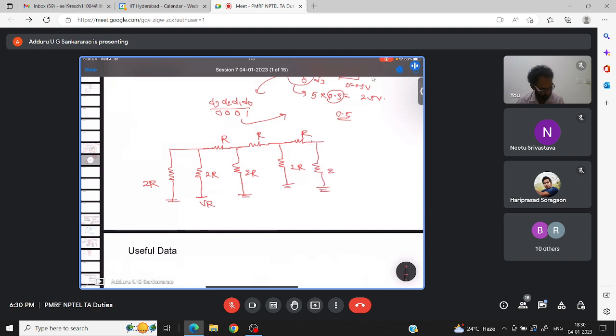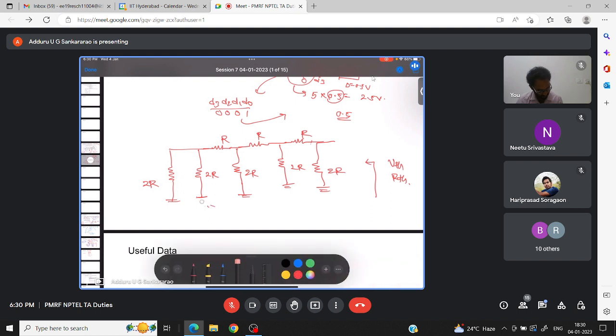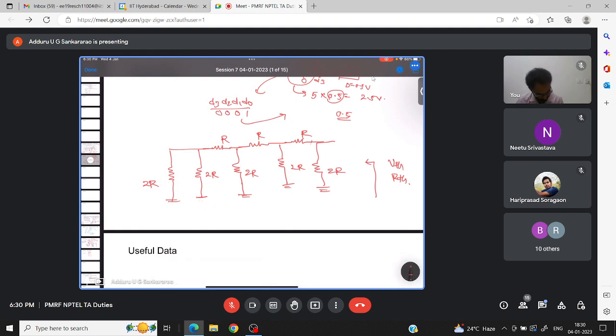Now looking from here, I want to find out VTH and RTH. Now what is connected here? Here VR is connected.